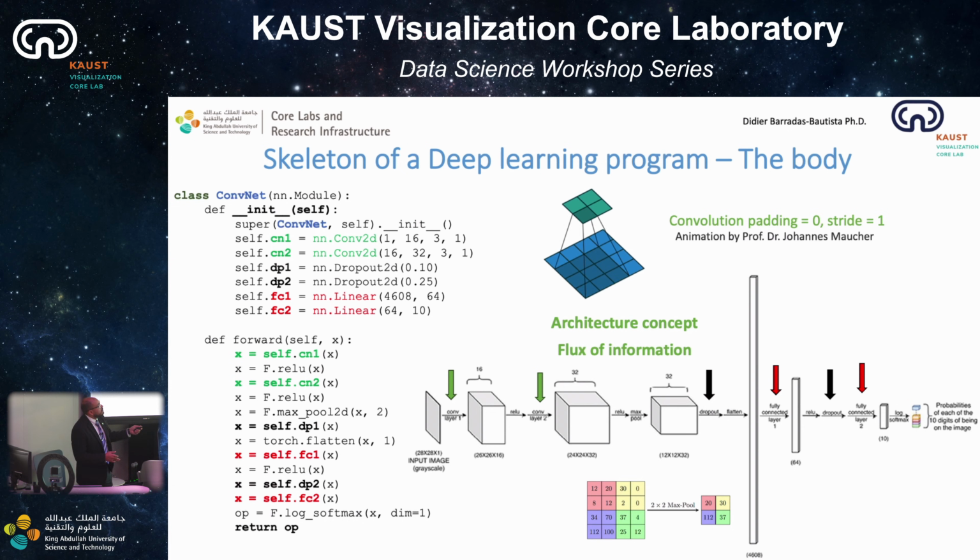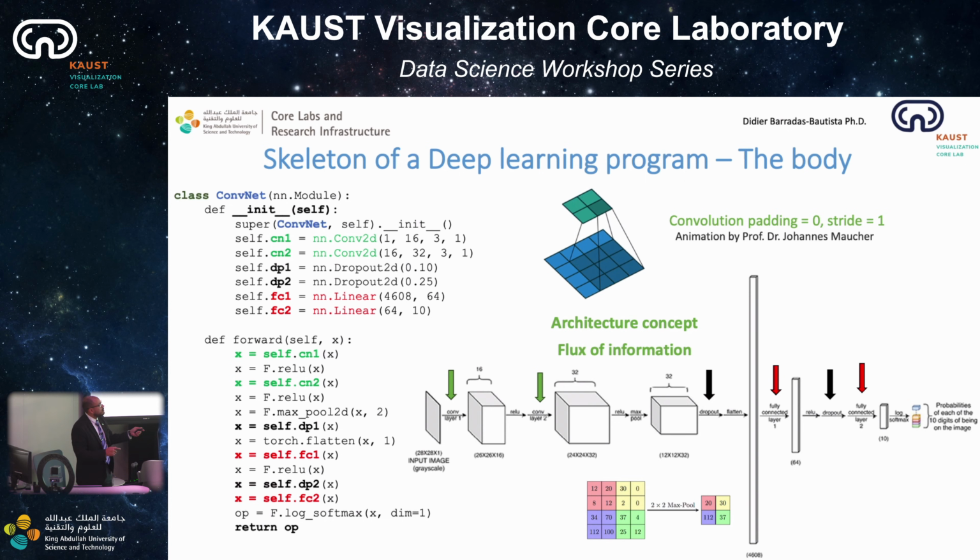It's going to use a kernel of 3, meaning 1, 2, 3, and 1, 2, 3, and it's going to go over the matrix that is this input grayscale. So it's going to generate 16 different matrices with this sweeping. This is the 16 that you see here.